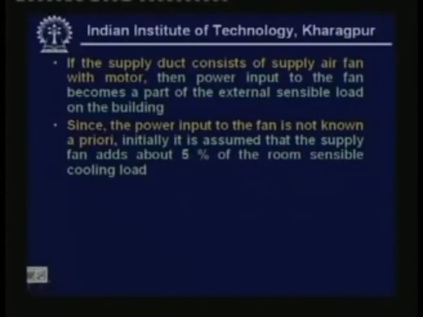How do we select the fan? We select the fan depending upon the flow rate. At this moment we do not know the required air flow rate, because we have not yet estimated the total load on the building, but the fan power is a part of the building load. So initially we assume that the fan adds about 5% of the total cooling load on the building.